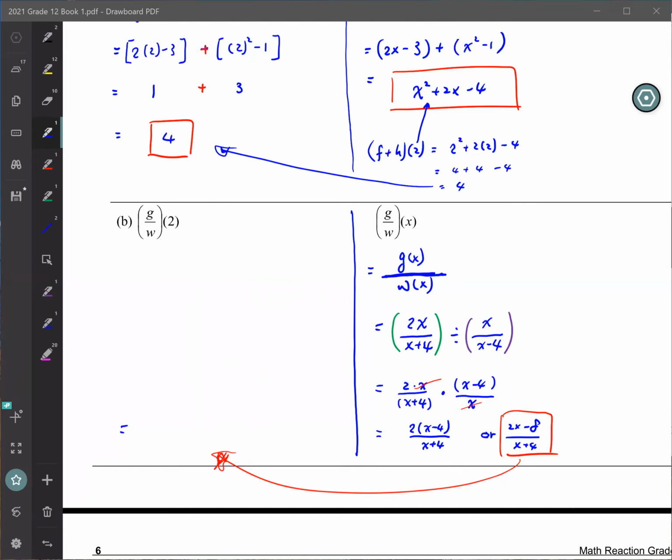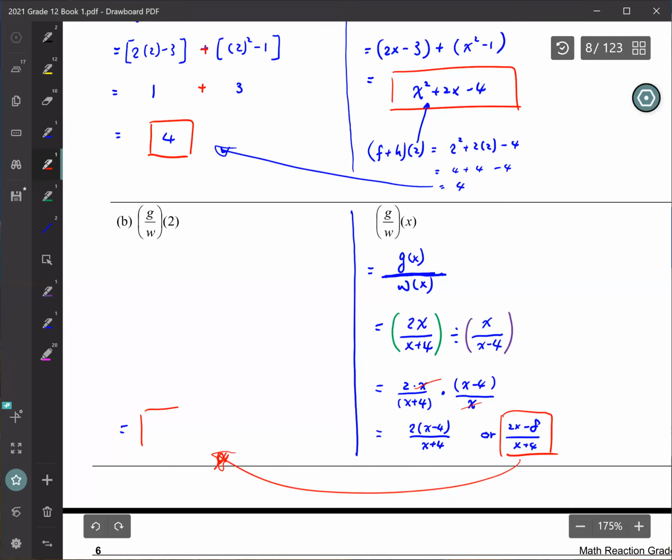That finds the answer to g over w of x of 2. Raise your hand if you got a number at the end.